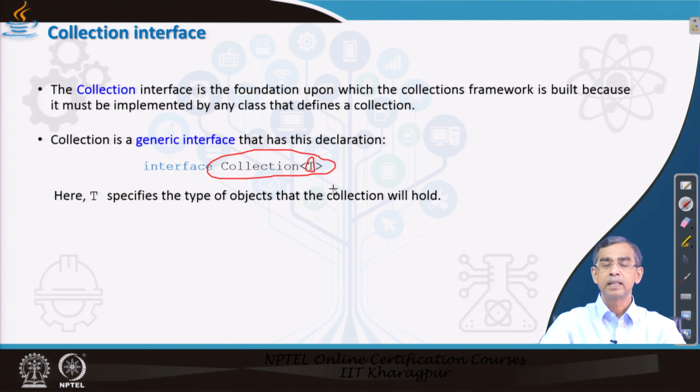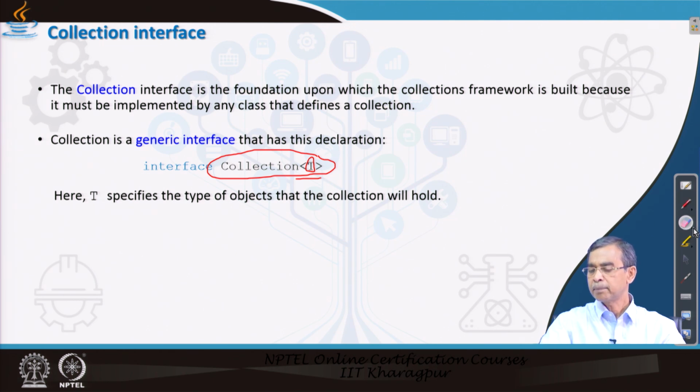Any type means if you want to store integer data in your collection, then T will be integer or double or string. If you want to store a collection of records of type student, then T can be student or book or person, like this.